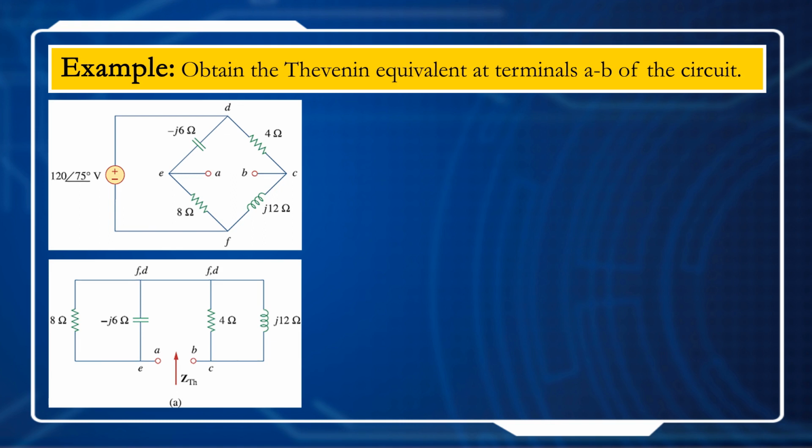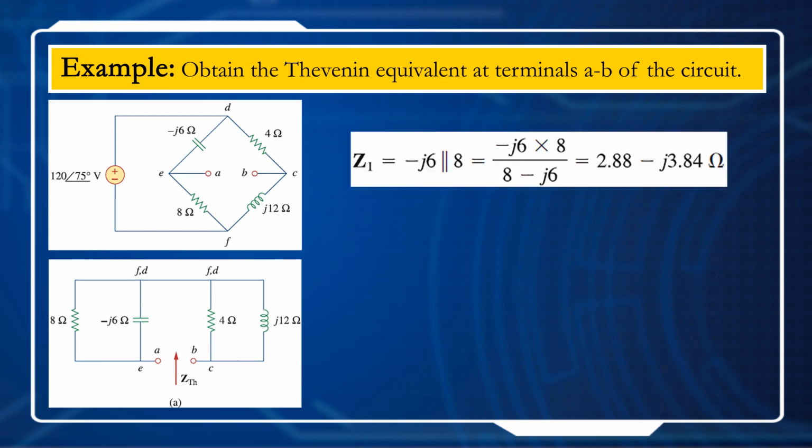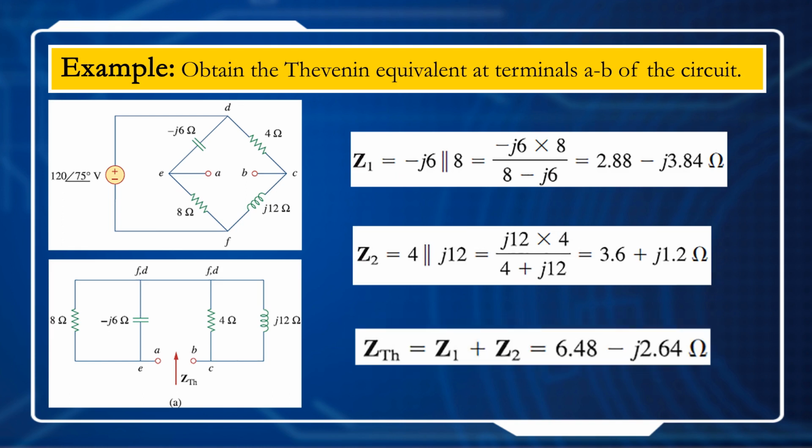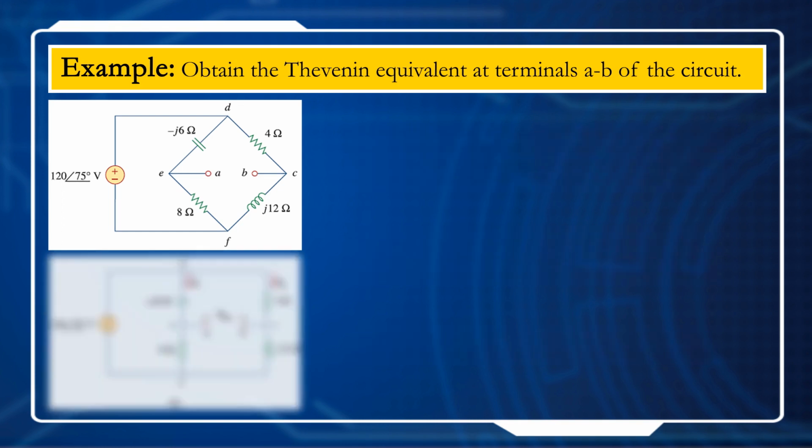You can use the equivalent impedance of parallel connection and series connection, and you will get ZTH equals 6.48 minus j2.64 ohms. And then we need to calculate VTH.